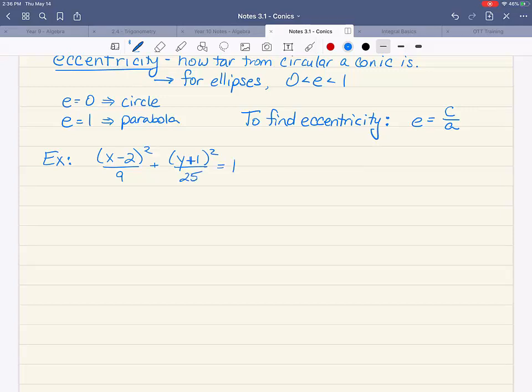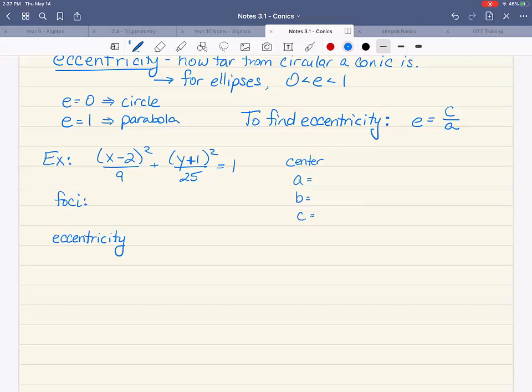So I want to find the center. I want to find a, b, and c. And once I find that information, I'm going to be able to find the location of both of the foci. I'm going to come over here and write this down. And I want to find the eccentricity.